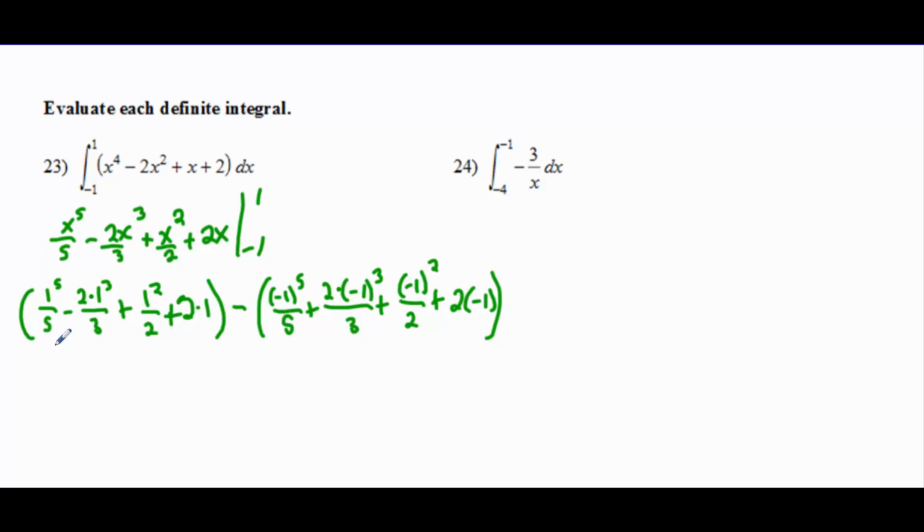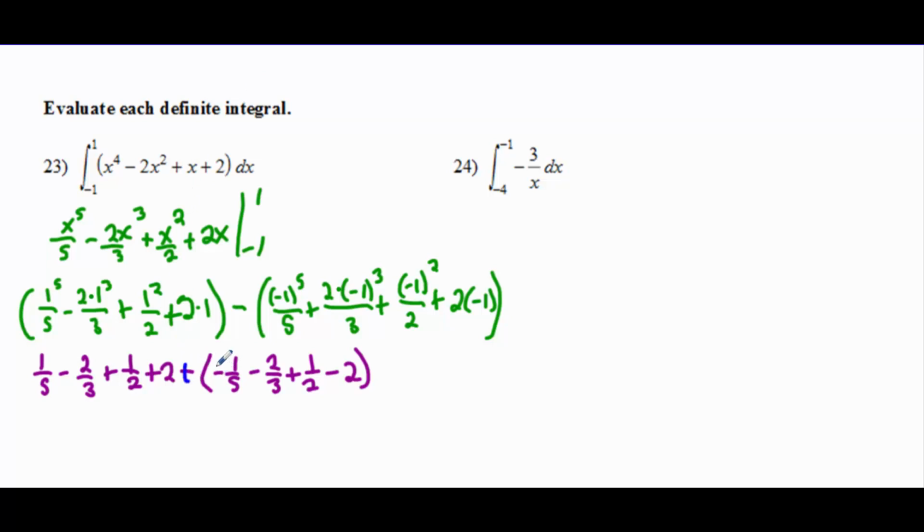Even though I have my calculator, I feel like it'll be faster to do this by hand. This is 1/5 minus 2/3 plus 1/2 plus 2, minus, this is negative 1/5, that's minus 2/3 plus 1/2 minus 2. This negative is going to switch all of these signs.